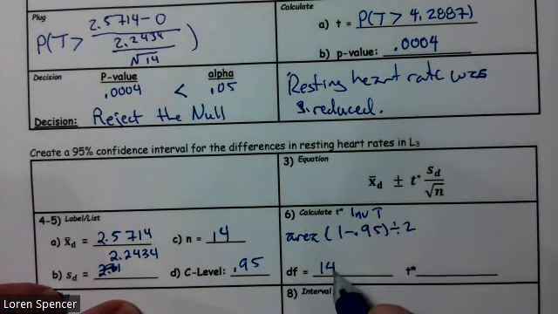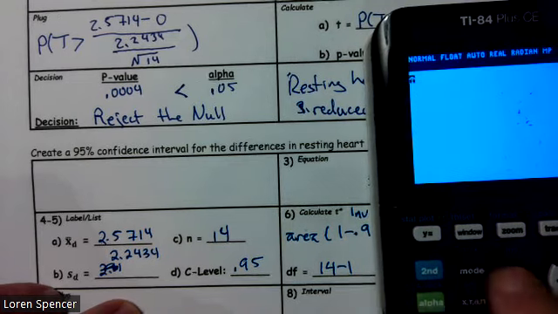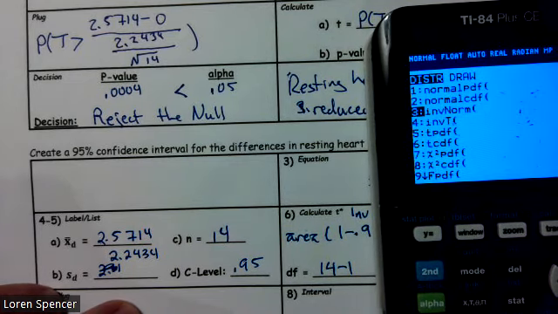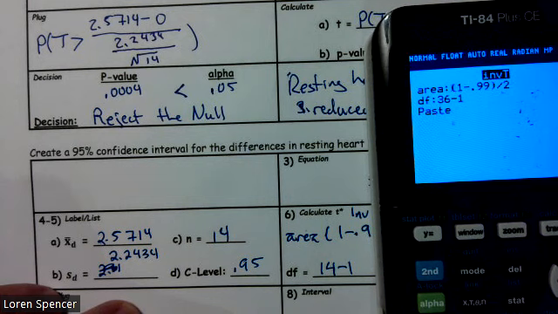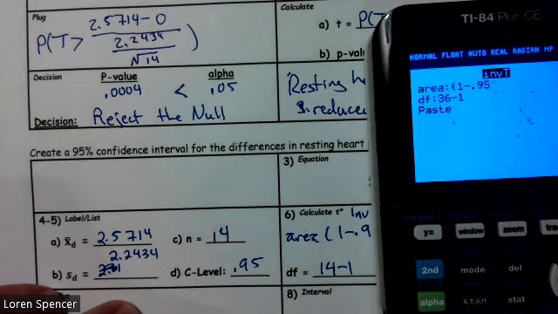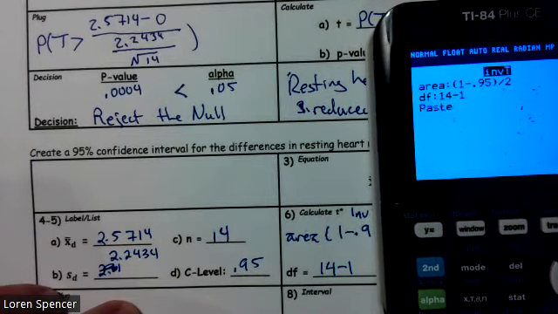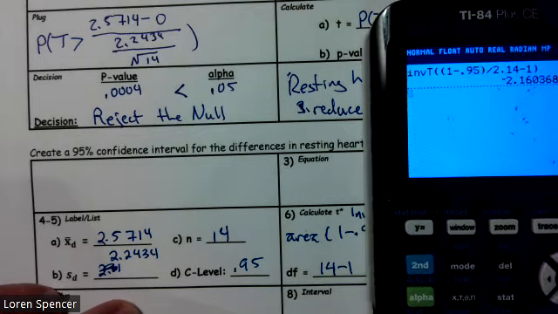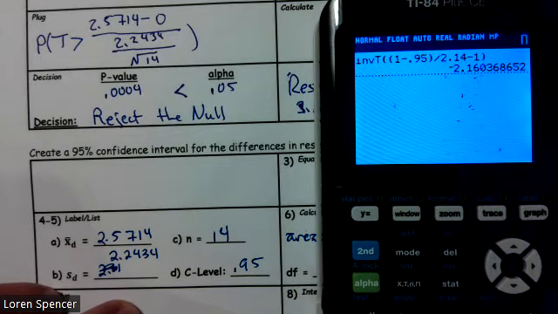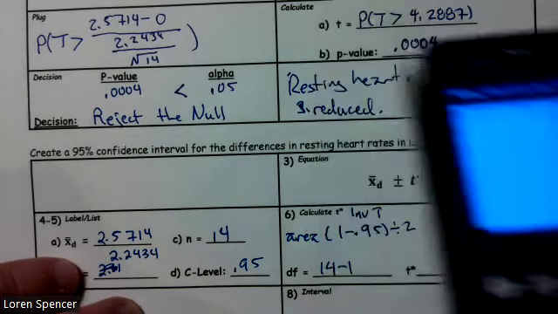Degrees of freedom is 14 minus 1. So when we go to T star, second vars, inverse T, parentheses 1 minus 0.95, close parentheses divided by 2, degrees of freedom 14 minus 1, we end up getting a T star of about 2.1603.